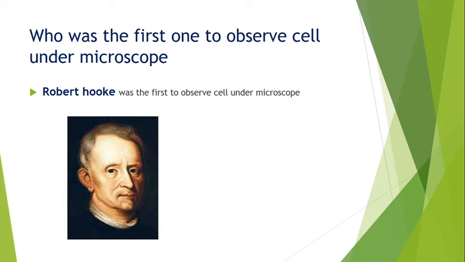When he observed the thin slice of cork, he saw a structure. It was like a honeycomb. There were little compartments. He saw it and he named it a cell. The word cell comes from a Latin word. The meaning of the word cell is a little room.